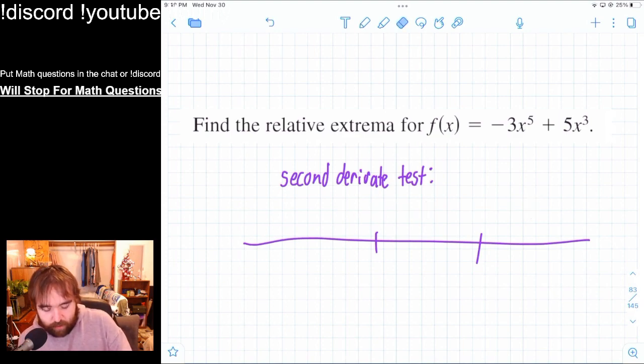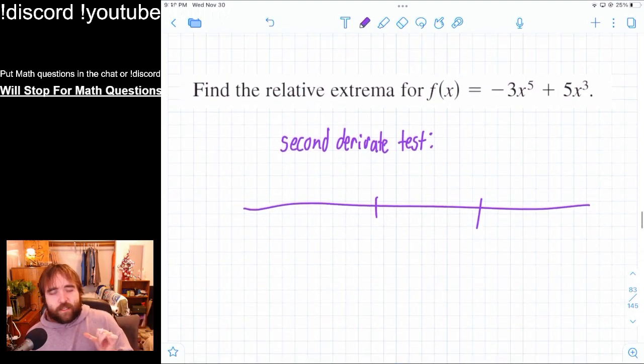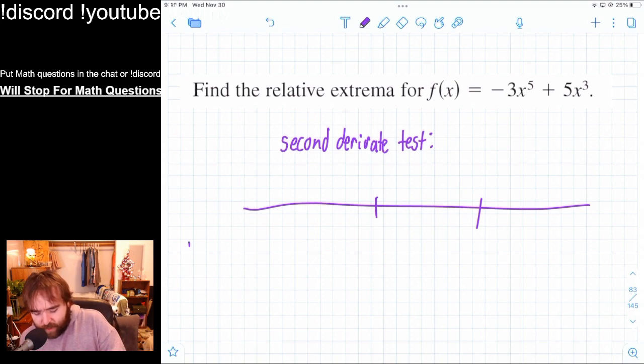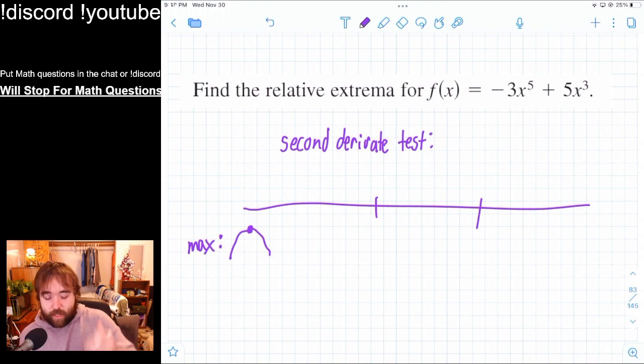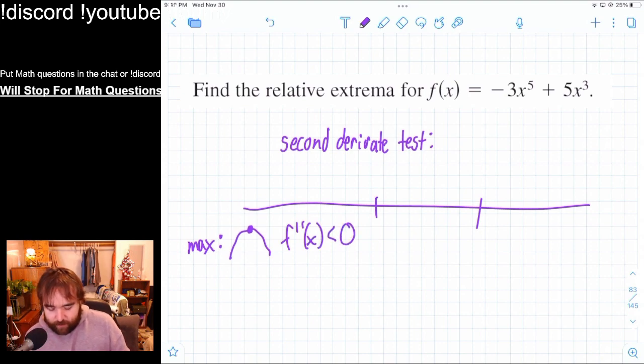What we're going to do here is find the possible values, and then ask, well, if it's a maximum, what does that look like? That looks like this, right? And that's our maximum point. Notice that if it's a maximum, it's concaving down there, and so the second derivative is negative, less than 0.